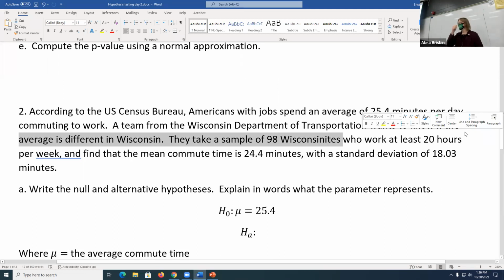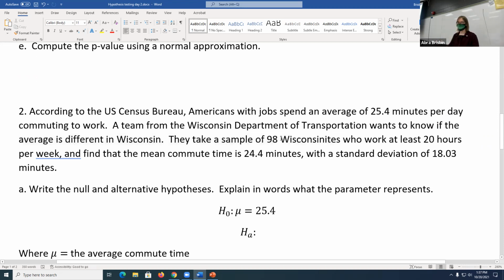So when we're thinking about generalizing from our sample to a larger population, that's the population that we're interested in. Our goal here is to test whether Wisconsin is different from the whole US. So mu should be the average commute time among all Wisconsinites who work at least 20 hours per week.